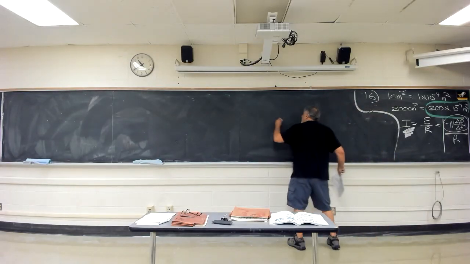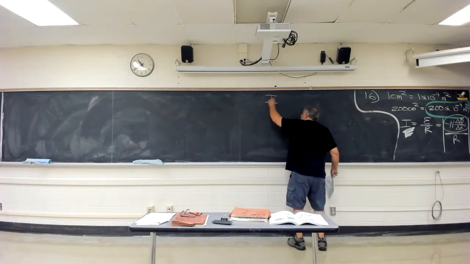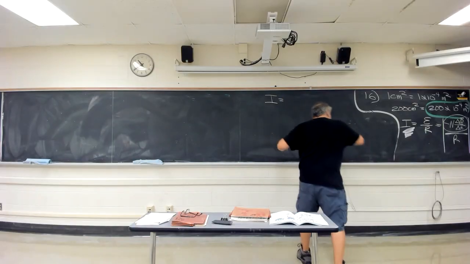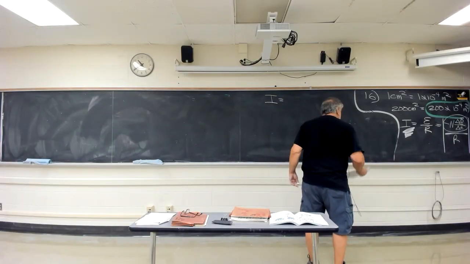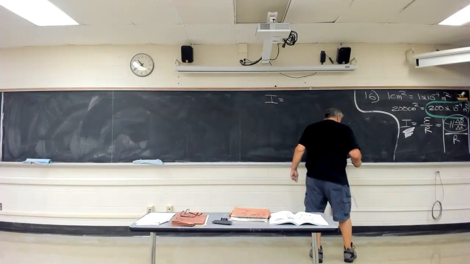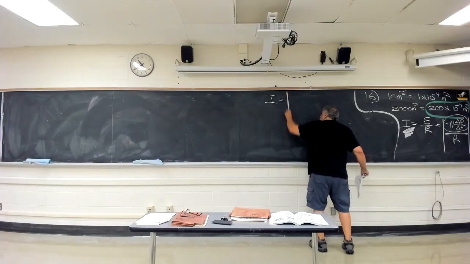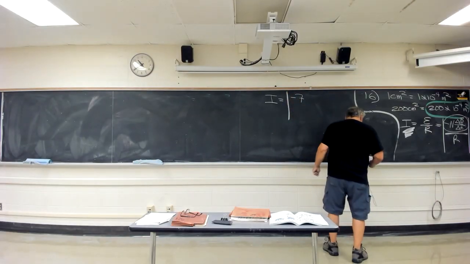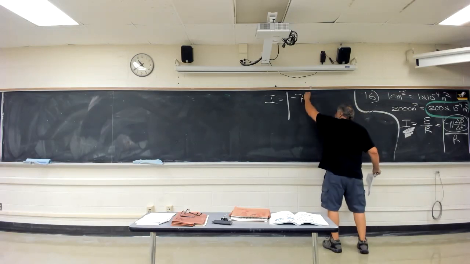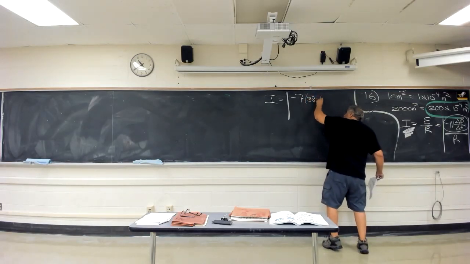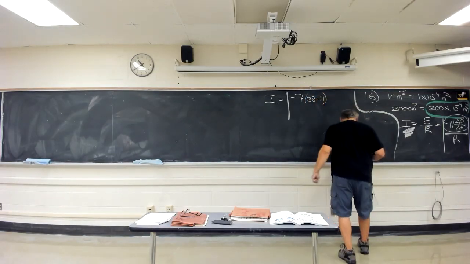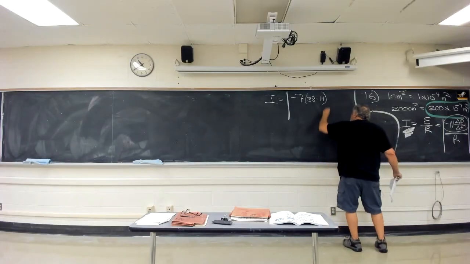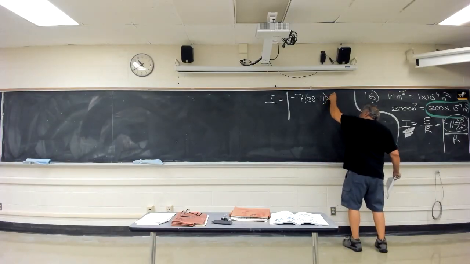Let me just go over here. Going a little bit backwards here, guys, but that's all right. Let's see what we got here. I is E over R. We know that there's 7 turns. The negative's there. 38 minus 14 is what it is, times 10 to the negative 3. Little shortcut there.